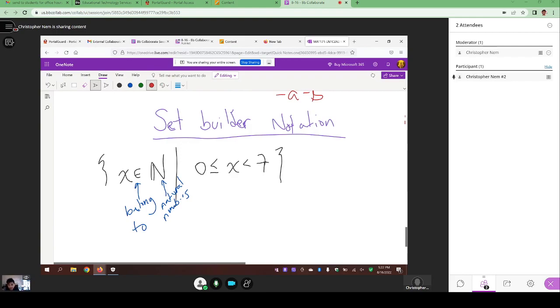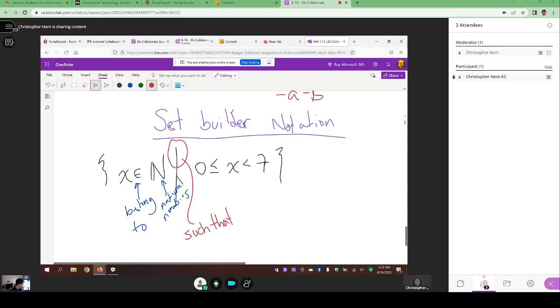Now we have x belongs to natural numbers. Great. But what does this line right here mean? Well, this actually just means such that. Don't ask me why. It means such that. So if we read it, it says x belongs to the natural numbers such that x is in between 0 and 7. So x has to be a natural number, and it has to be between 0 and 7.